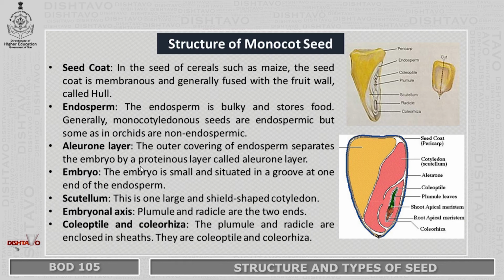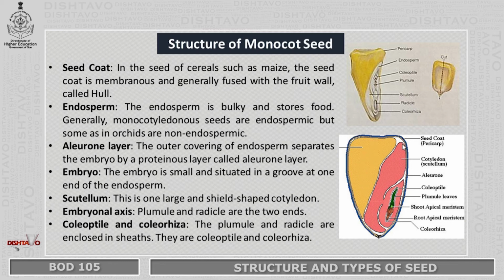Generally, the monocotyledonous seeds are endospermic, but sometimes, in case of orchids, the seeds may be non-endospermic. Here in this particular image, you can see the yellow or orange portion resembles the endosperm, which is the nutritive tissue.